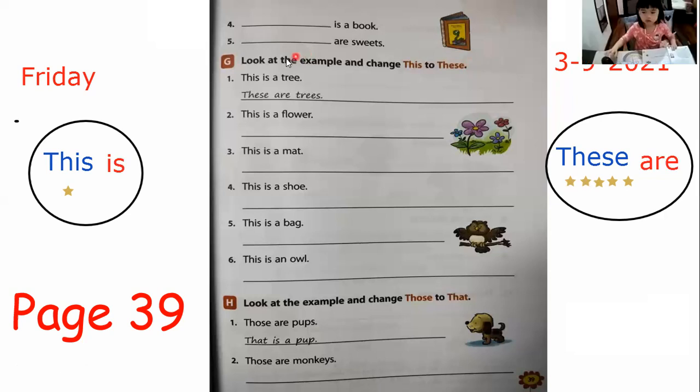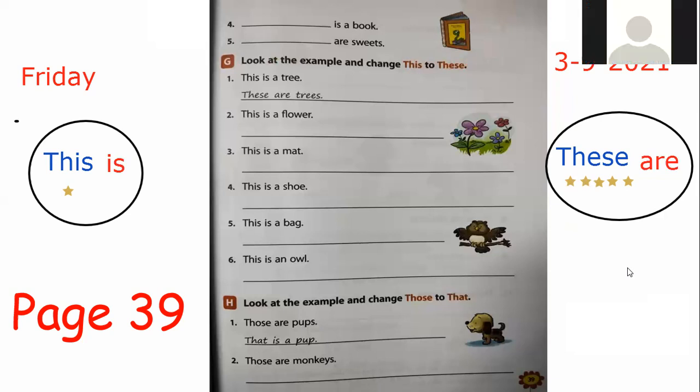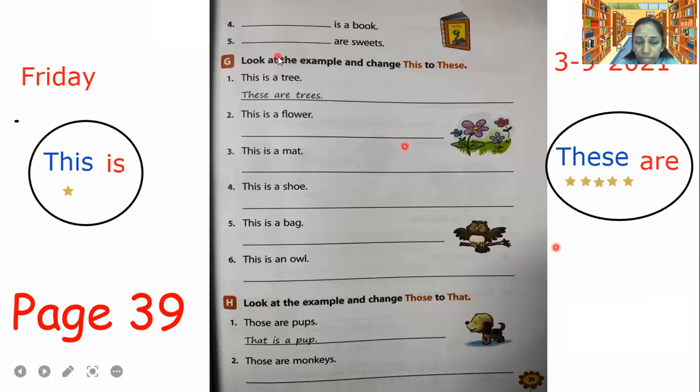Ashvini, no, listen. Okay, so let's continue, children. Please pay close attention here. The instruction says, look at the example and change this to these.